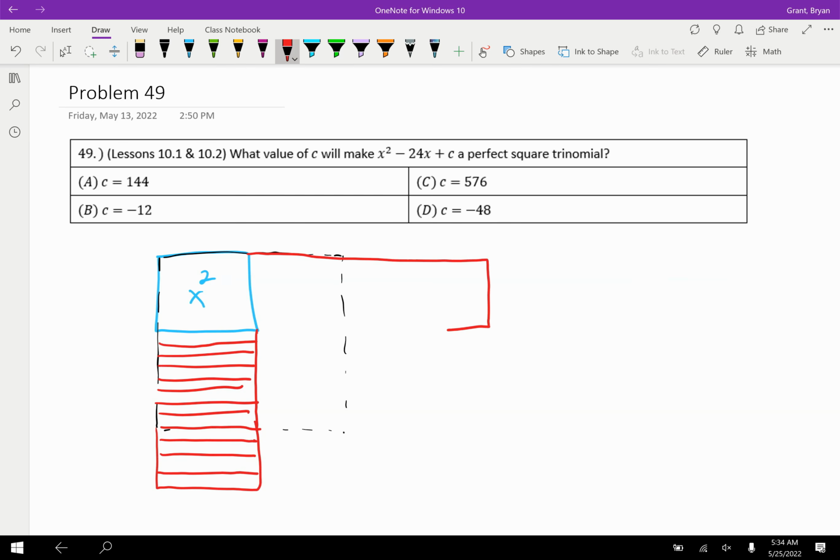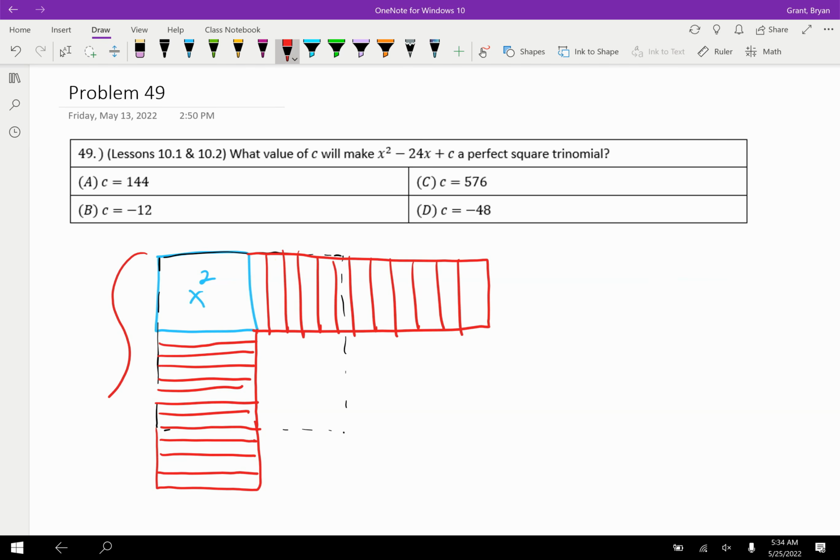We'll say that's about the same length, give or take. 12 x's, 12 x's. So we have the same length on each side. That makes a square.